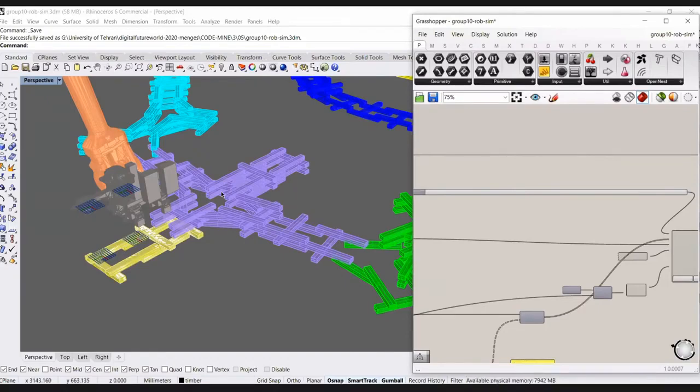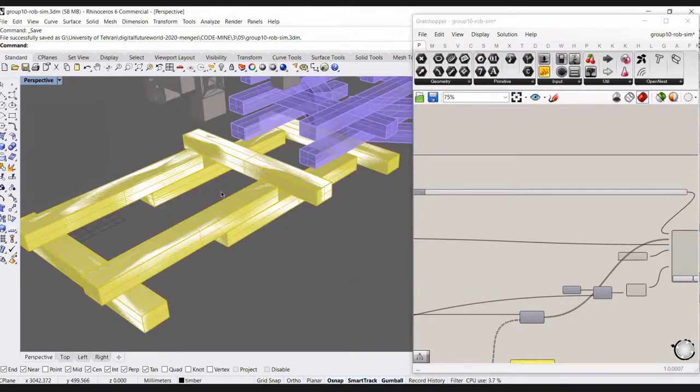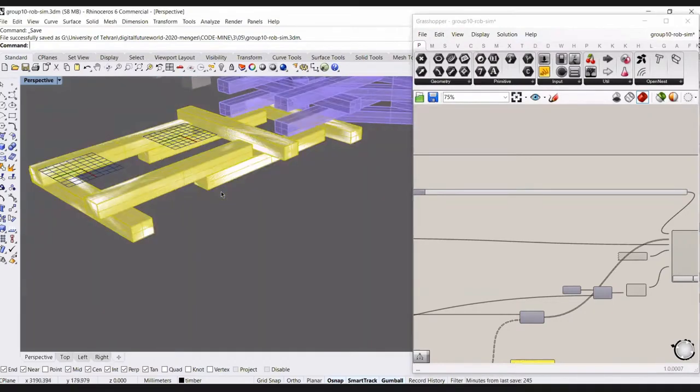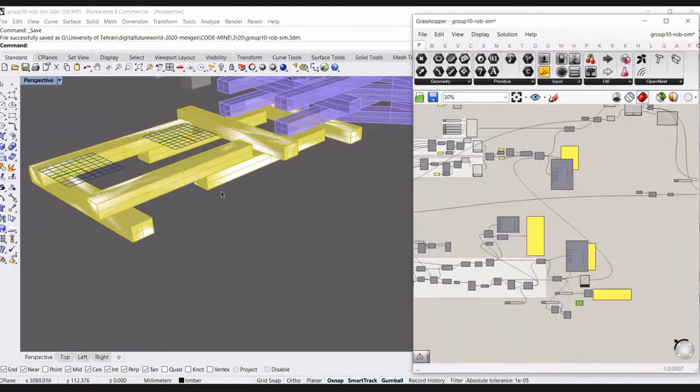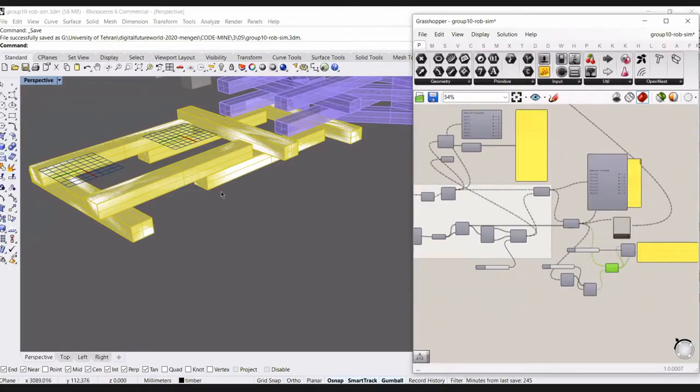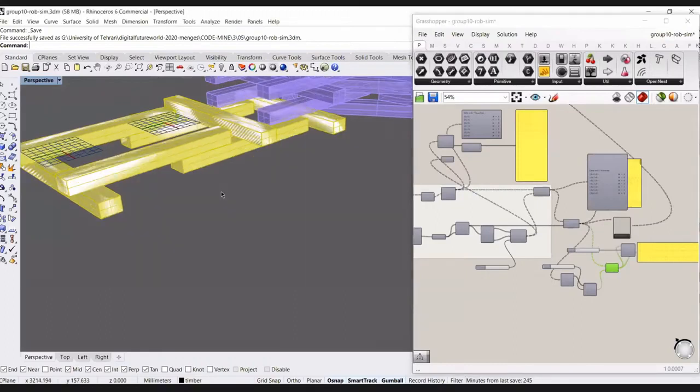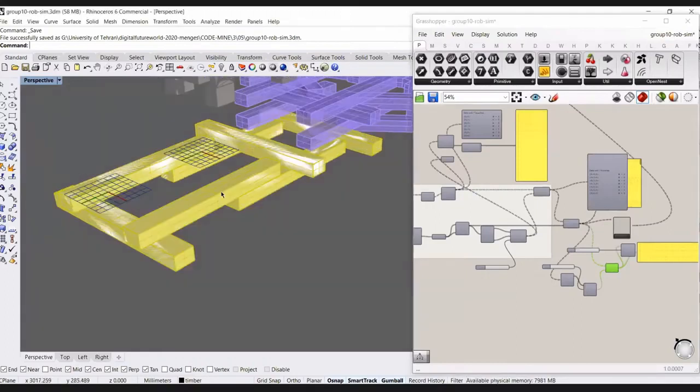I mean, if we consider these 2 layers as 2 branches in Grasshopper, first, the first layer with a lower z direction needs to be placed, and after that, the second layer should be placed. But what I got here is that these elements are not placed based on their branches.